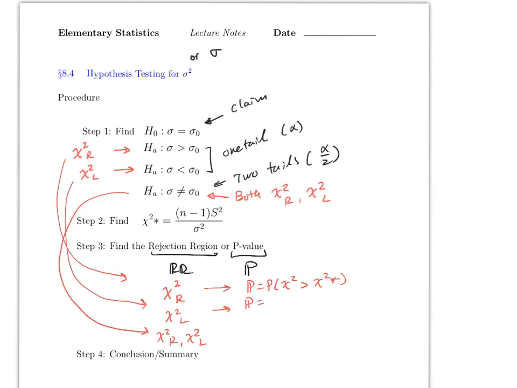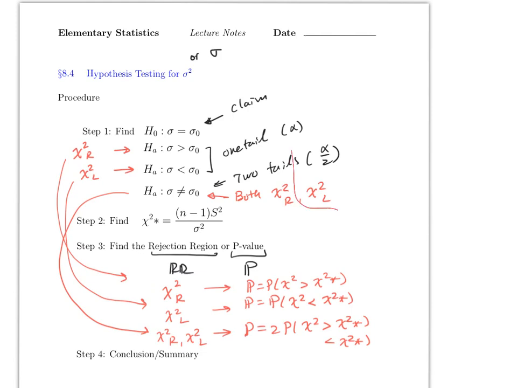This one is going to be the probability that chi-square is less than chi-square star. And this will be twice the probability that chi-square is greater than chi-square star or less than chi-square star, depending on what the alternative is. Actually, depending on these two values.